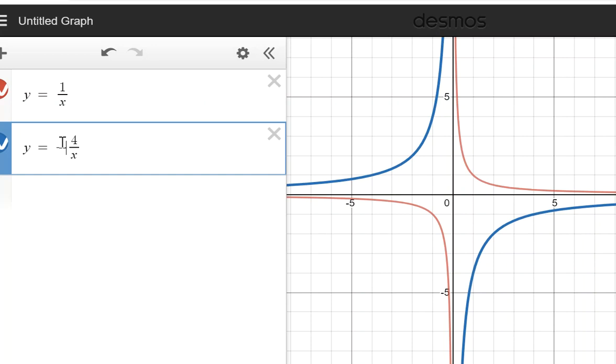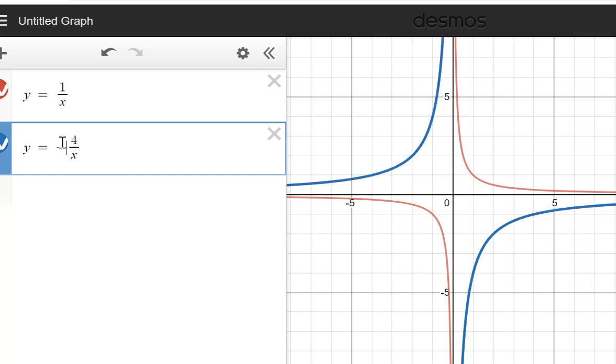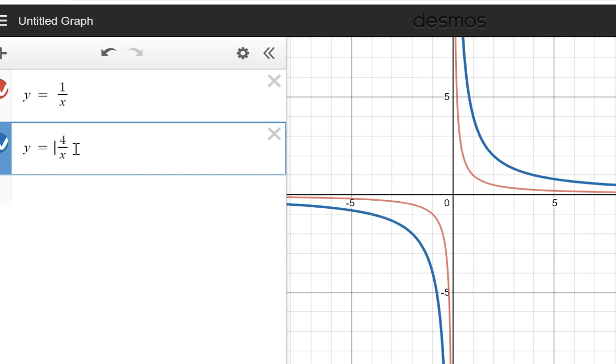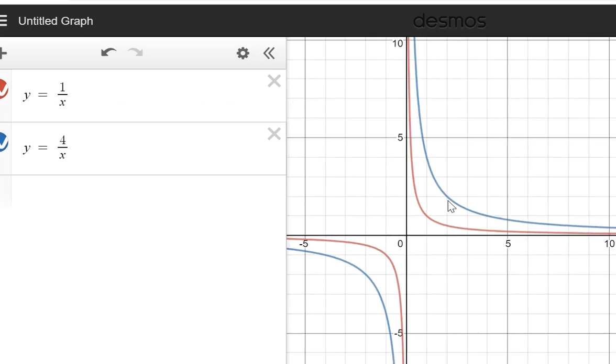So if I take away that negative, do you see how the reflection happens? So there's the negative, take it away, and we'll put it back in. I also want you to compare the red versus the blue. The red versus the blue shows how far away it is from the origin.